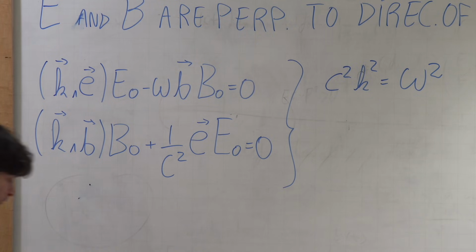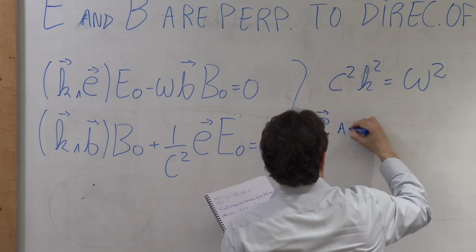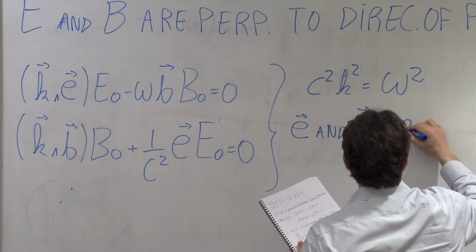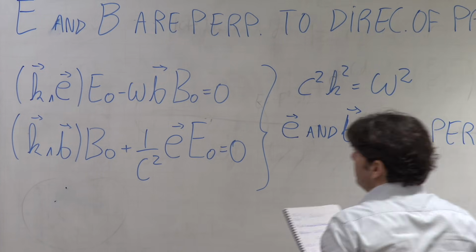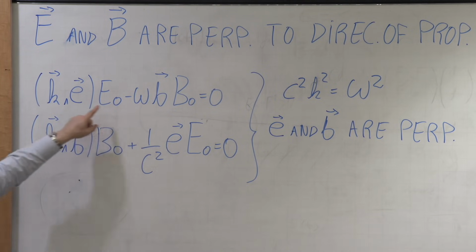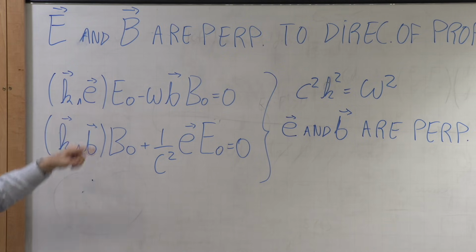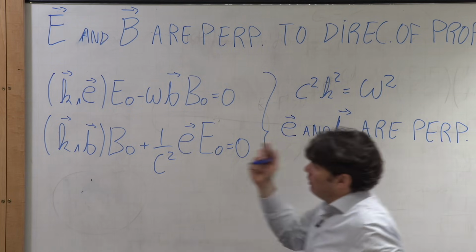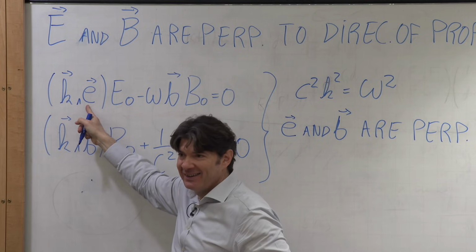But also, we get that E and B are perpendicular. Indeed, for instance, from here, you can see that B is the wedge product of K with E. But you know that if you have a vector, the wedge product of this with this is always perpendicular to both K and E. Okay?